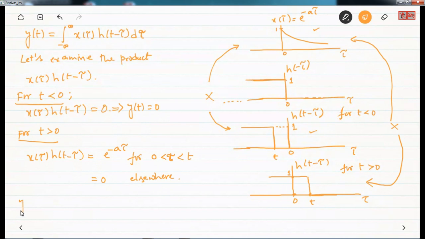So that means y of t, for t greater than 0, is equal to the integral from 0 to t of e power minus a tau d tau, that is equal to minus 1 by a e power minus a tau from 0 to t, that is equal to 1 minus e power minus at by a.